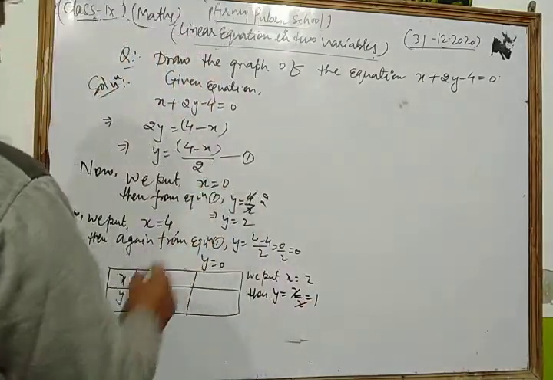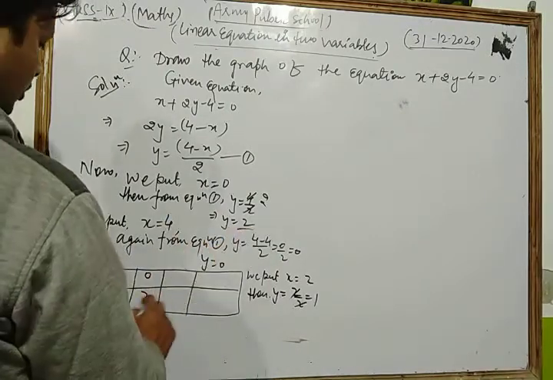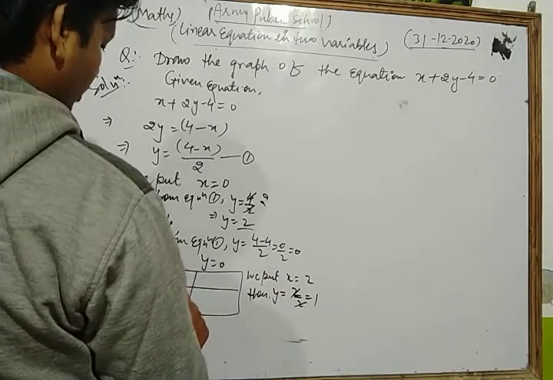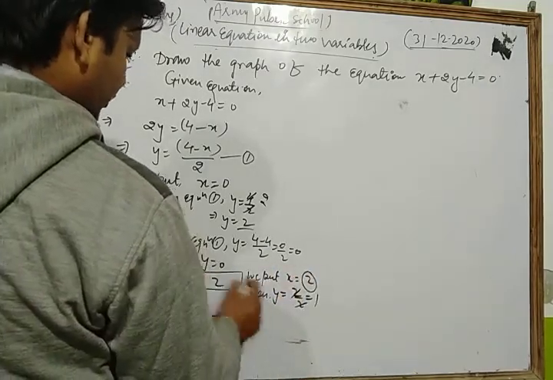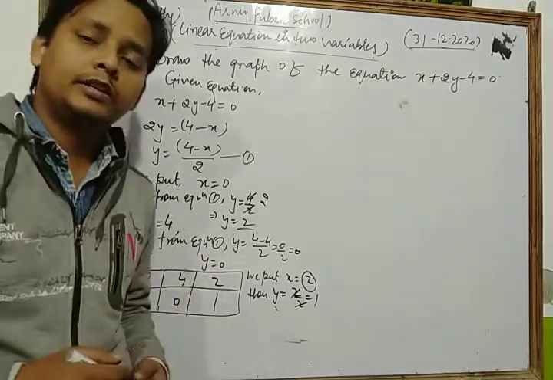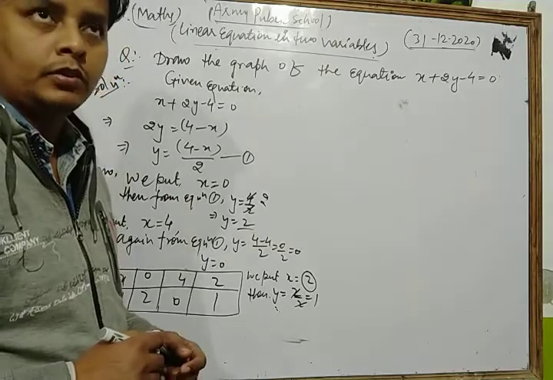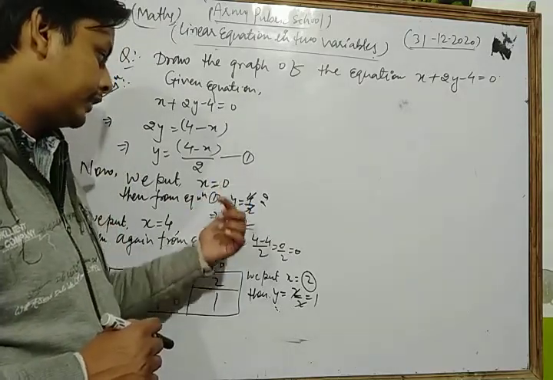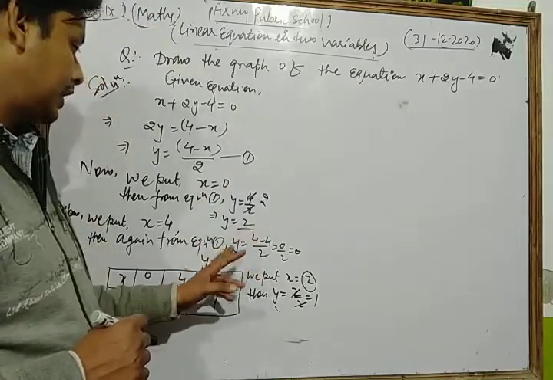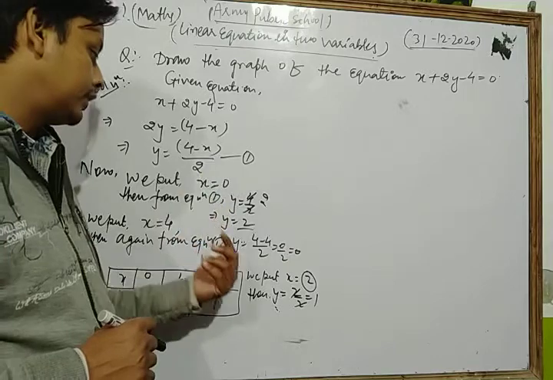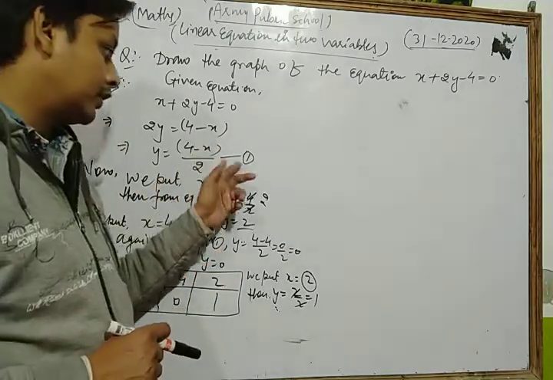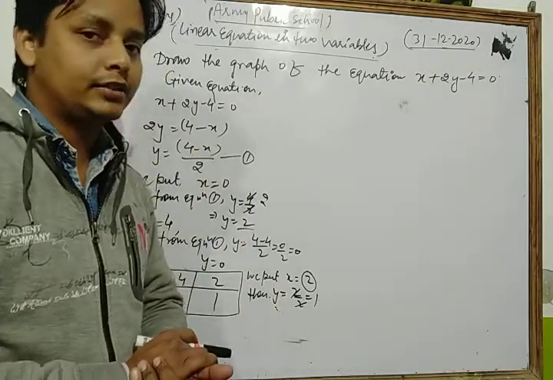So when we put x is equal to 0, the corresponding value of y is 2 in equation 1. When we put x is equal to 4, we get y as 0. When we put x is equal to 2, we get y as 1.